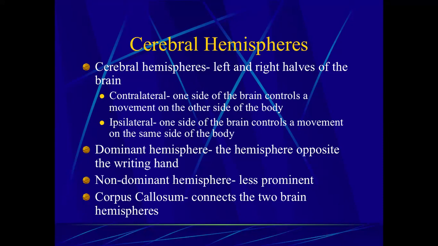So the word contralateral, contra means opposite, lateral means side, right? So if someone who is contrarian or says on the contrary, they're saying the opposite. Lateral is the side, right? Ipsilateral is same side.